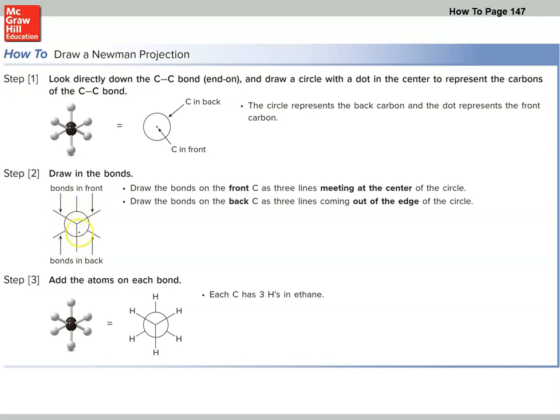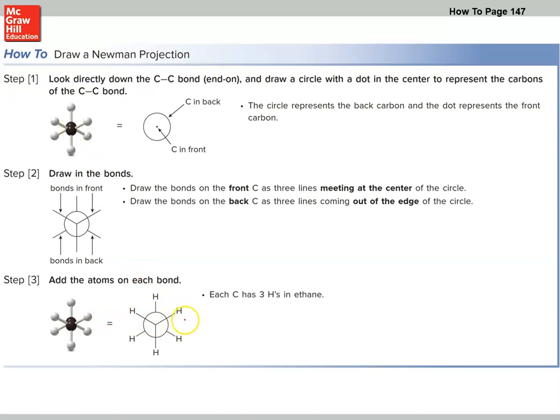On the back carbon, they're coming off in the staggered conformation here. You can see these lines touch the back on the outside, and on that front carbon, they're coming right to the middle point. This is how you would basically transform this 3-dimensional image into something that you could draw out.